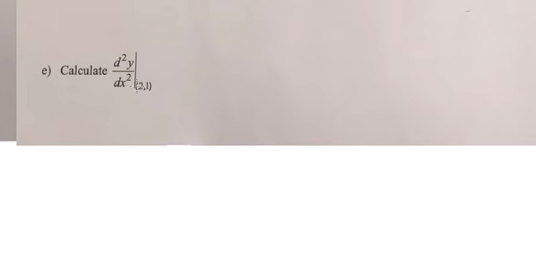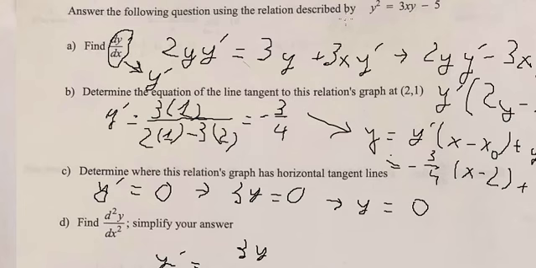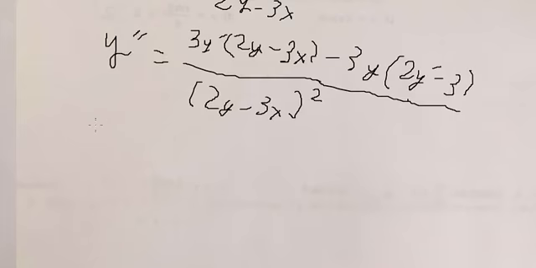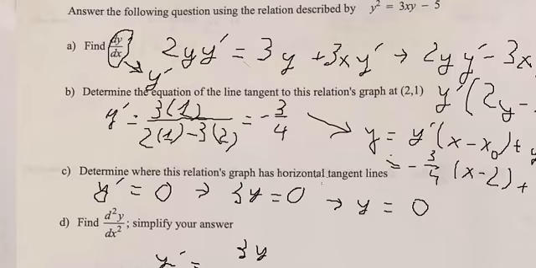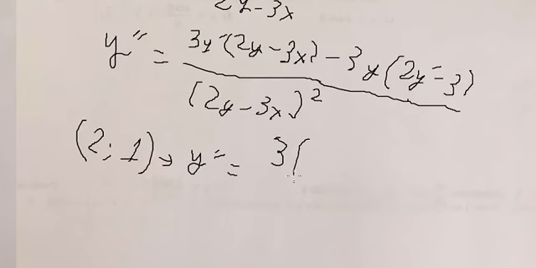The last one. We need to find the value at 2 and 1. So we have 2, 1. Let's say the first derivative of y. So we get negative 3 over 4.